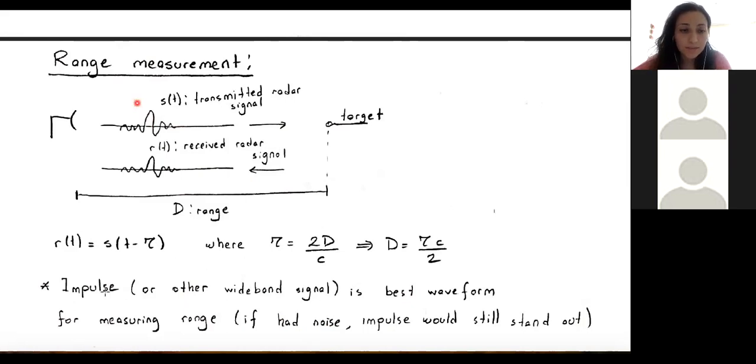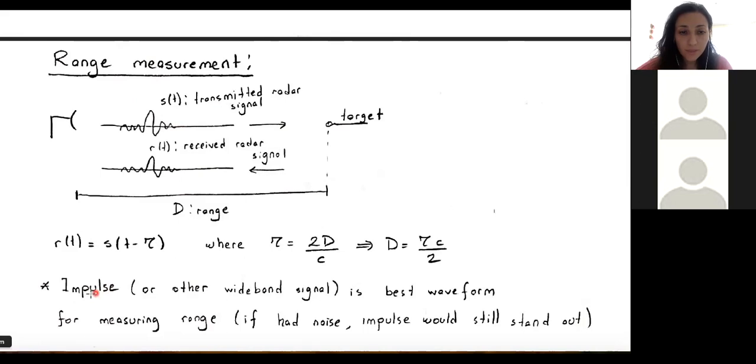But remember that if you look at the Fourier transform of an impulse, what you have is a constant in the frequency domain. So you'll have a uniform distribution in the Fourier domain. So an impulse is a wideband signal in the frequency domain.